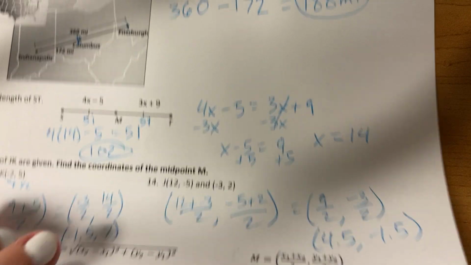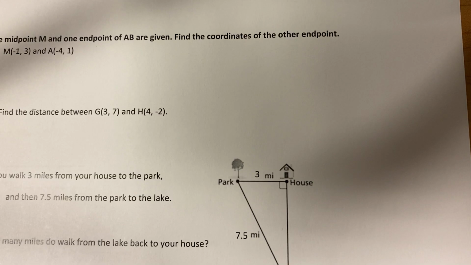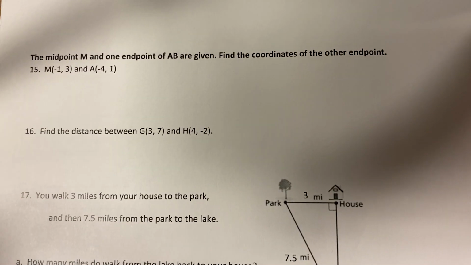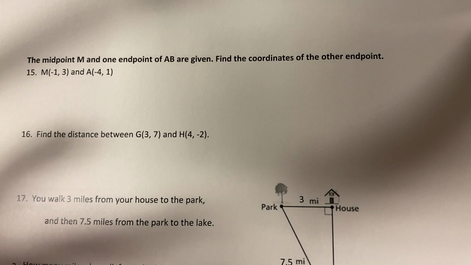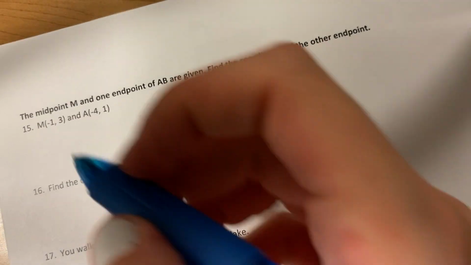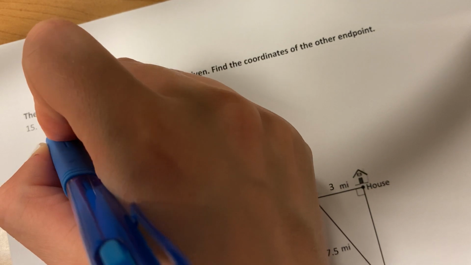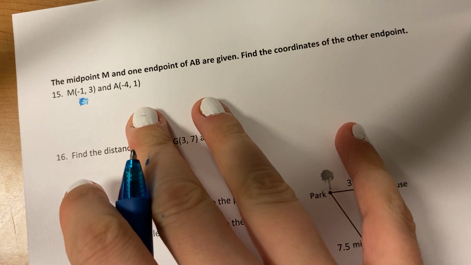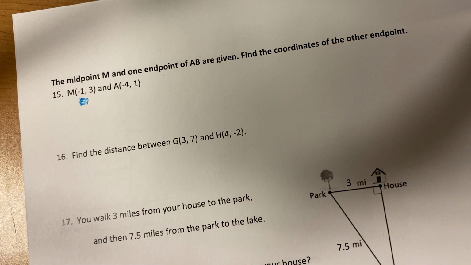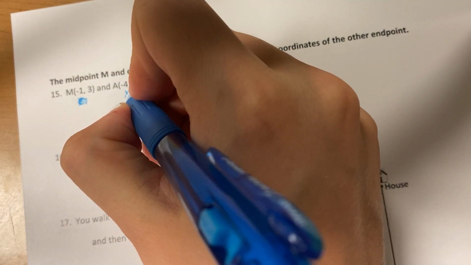All right. So now this is the one where we're given a midpoint and we're given one endpoint, and you gotta find the other endpoint. So I like to just go straight to the answer, but be careful because here our midpoint is coming first. So this is our endpoint.